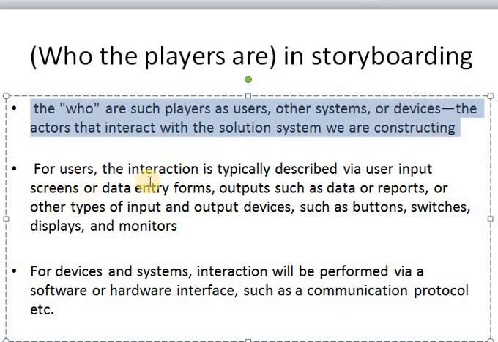So here the players will be the actors, and actors are those things or humans who will interact with the software that we are developing. We can call these actors users, systems, or devices.